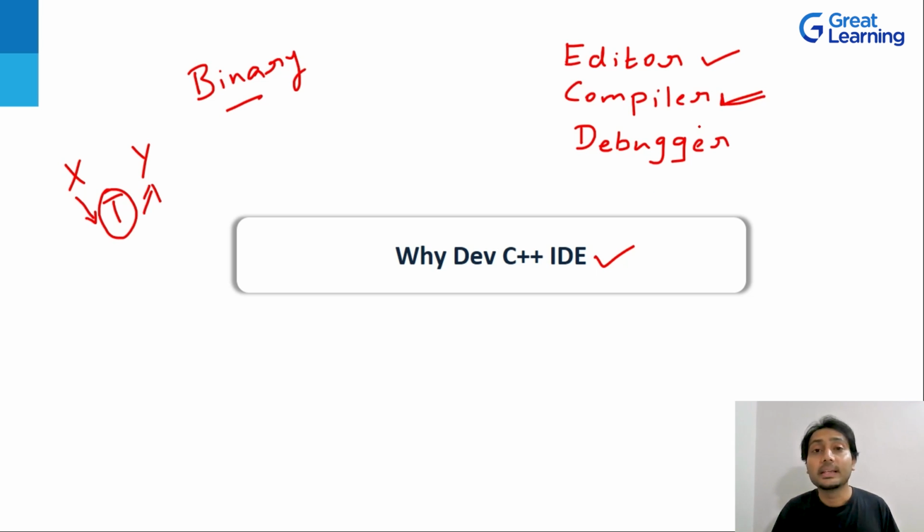So it is a combination of the editor, compiler, and a debugger. The compiler plays an important role because ultimately you want to see the output of your program. Once you have typed it in, it must be translated to machine level, and then converted back to high level so that you're able to see the output. That is the job of the compiler in your Dev C++ IDE.